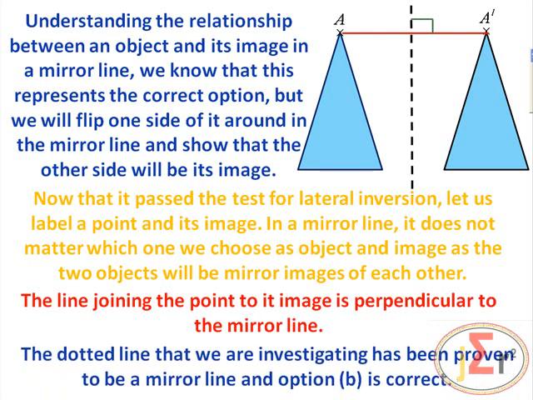The dotted line that we are investigating has been proven to be a mirror line, and option B is correct. Why is it a mirror line? Because a line joining a point to its image is perpendicular to that line.